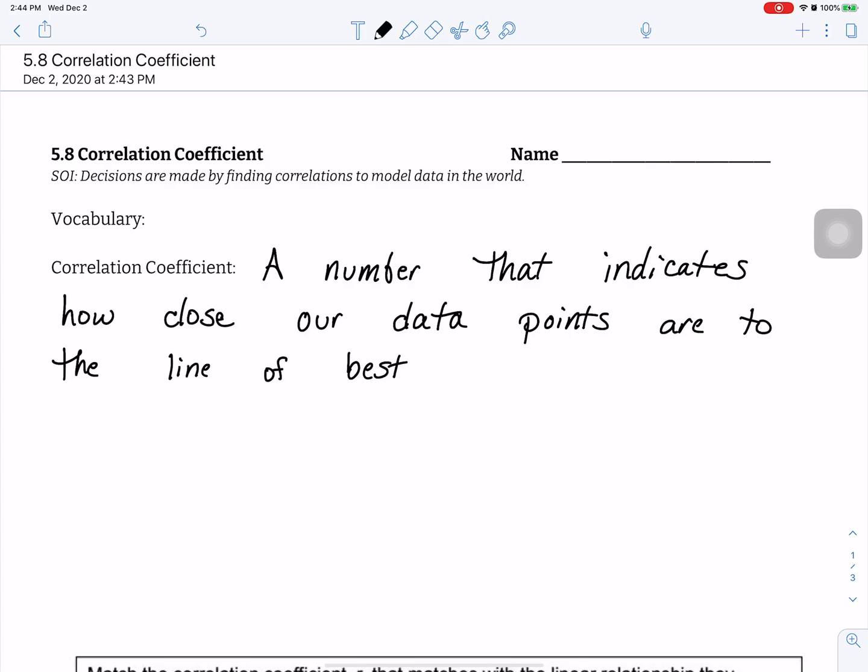And we are going to eyeball that. We're not going to do any specific calculations, and we're going to just practice that a little bit. So the best is 1, which would mean a positive slope and all points on the line.